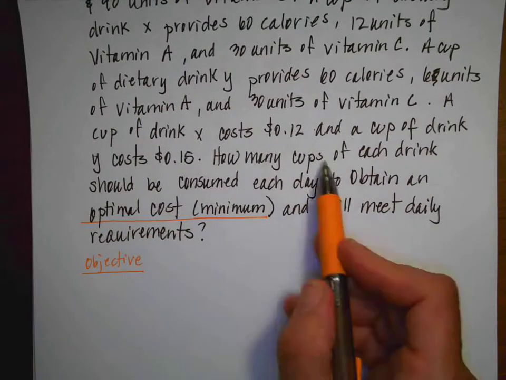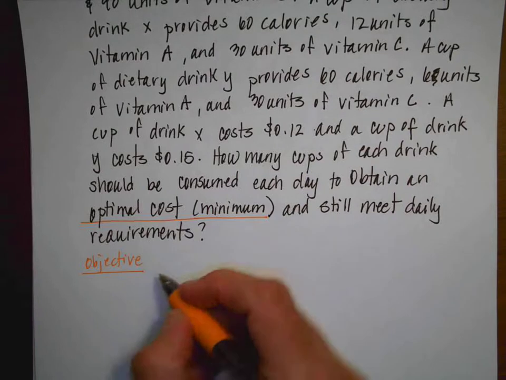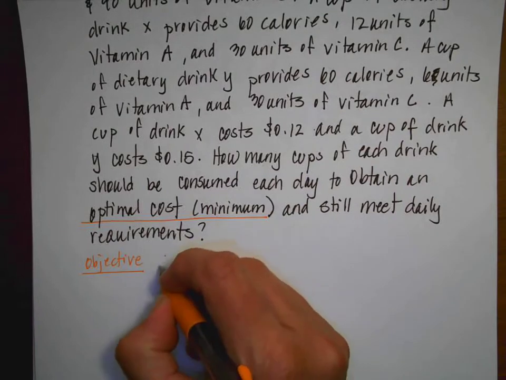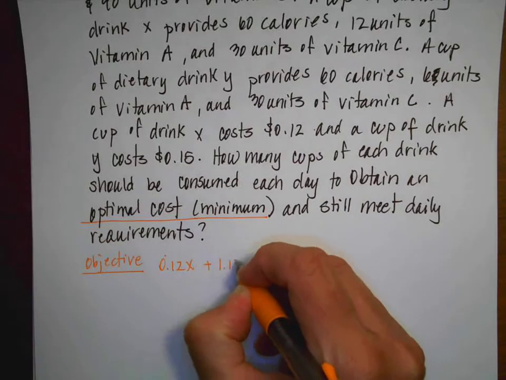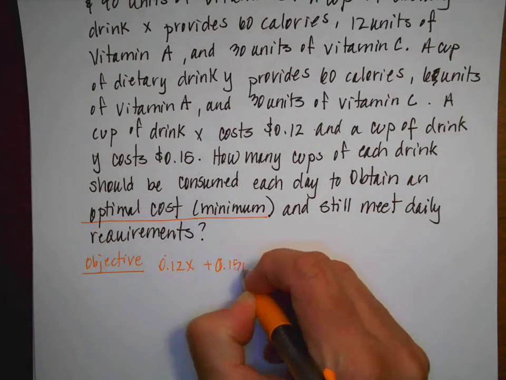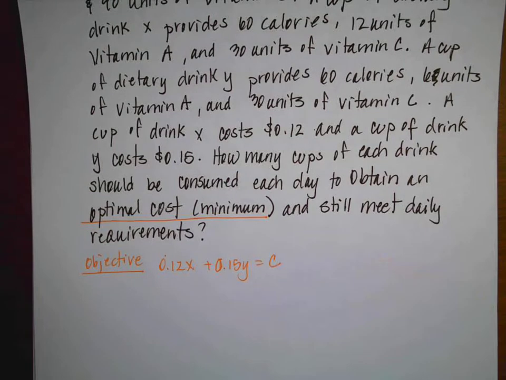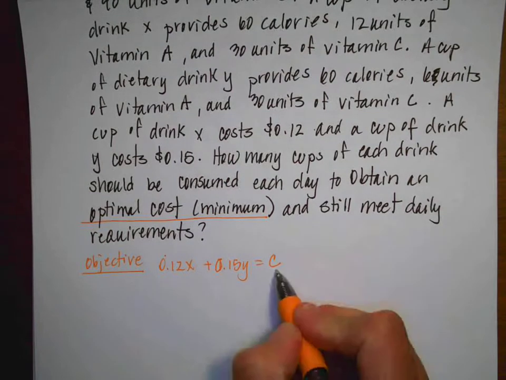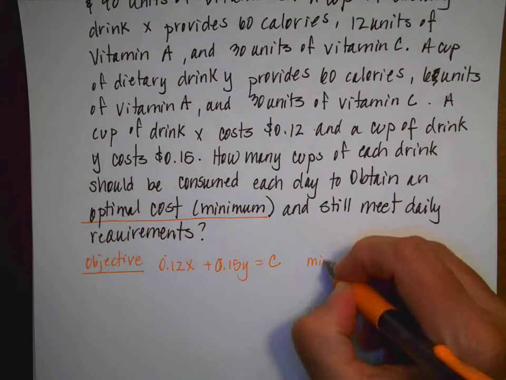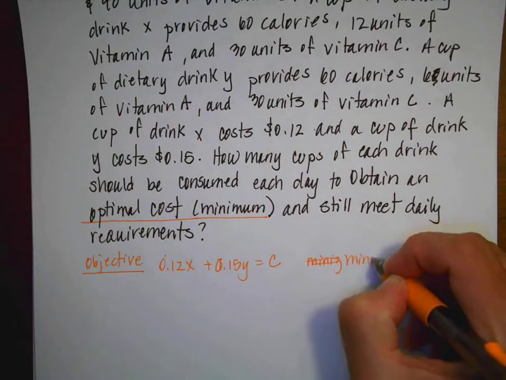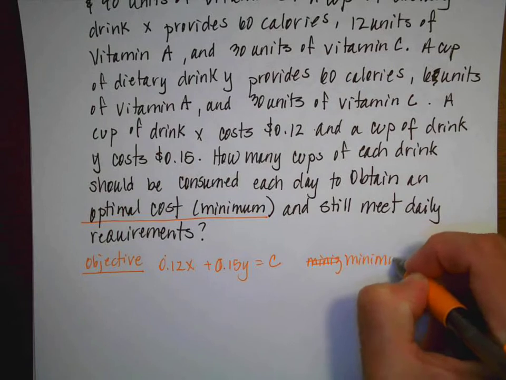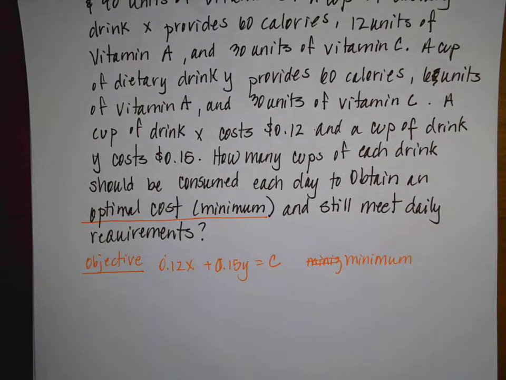And in this one, we're talking about how many cups of each drink, and we know that X sells for 12 cents, Y sells for 15 cents, and that's going to equal my cost. So this is going to be what we are trying to minimize, because I want to have a minimum cost.